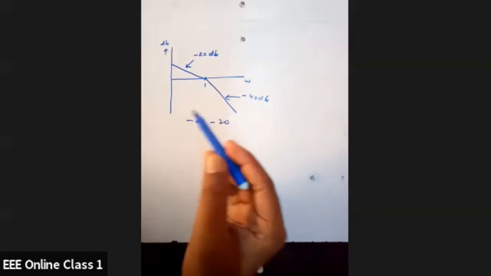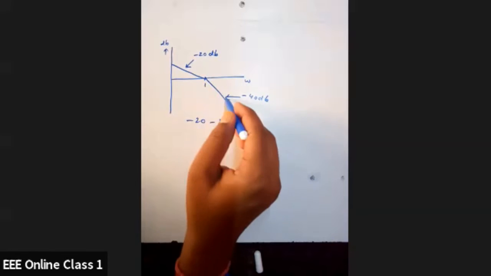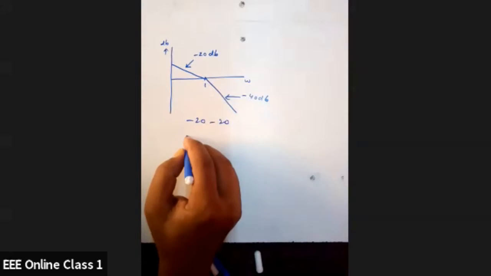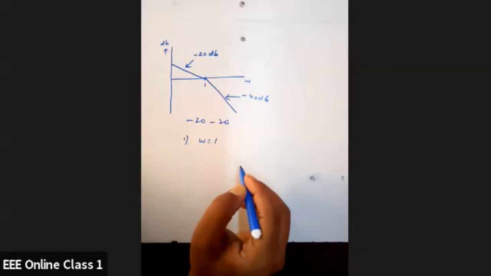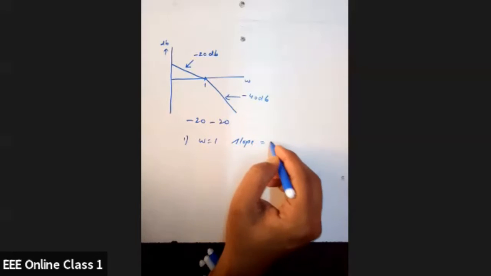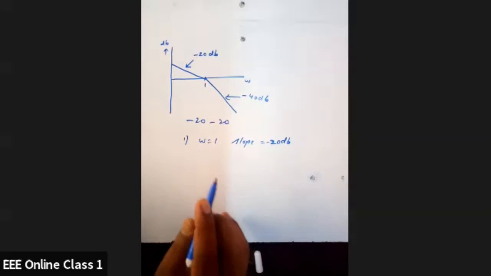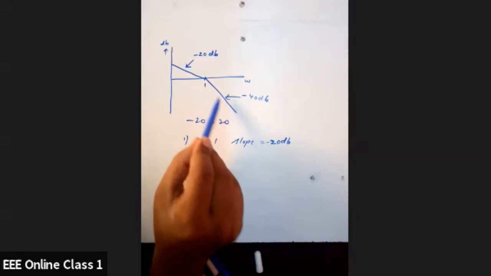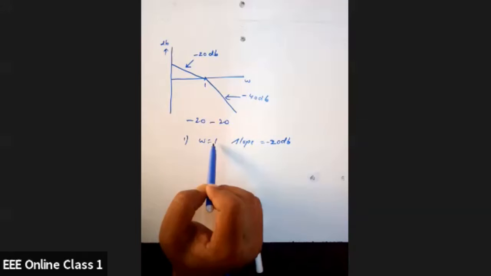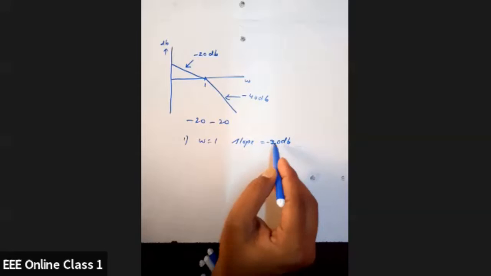Now we have two factors. Let us see the second factor first. The starting frequency is given: omega is equal to 1 and slope is minus 20 dB. For the second line, the corner frequency is omega equal to 1, the starting frequency, and slope is minus 20 dB.